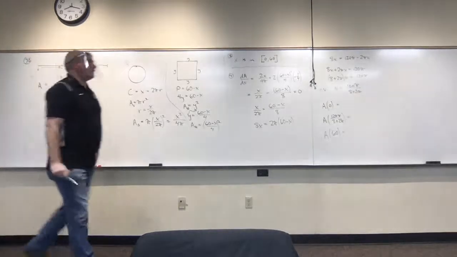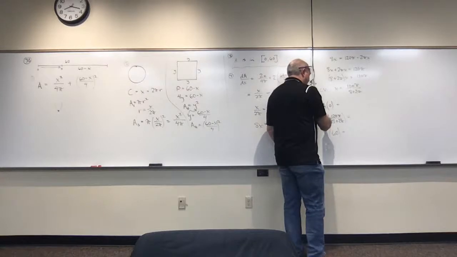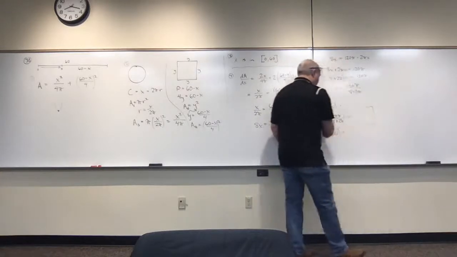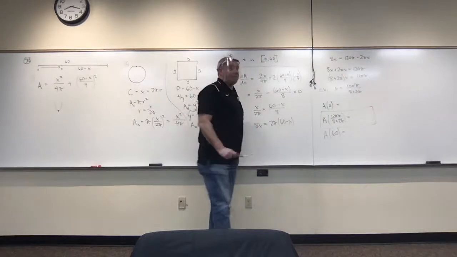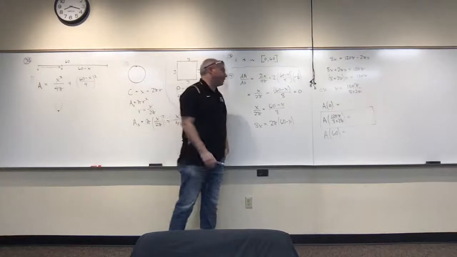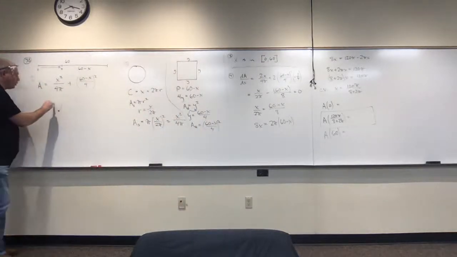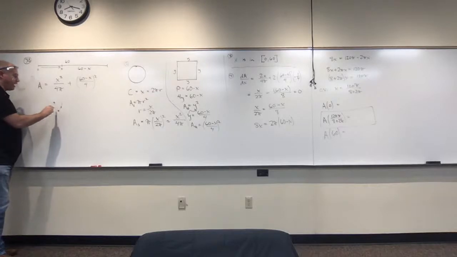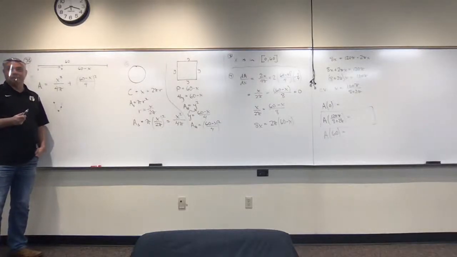So without even calculating it, I could take a pretty fair guess that this guy, whatever it turns out to be, is going to be my minimum. Even though I haven't calculated it yet. And then one of the 2 endpoints, whichever one just happens to be the high one, it could be the other way also, that's going to be my maximum. Does that make sense?